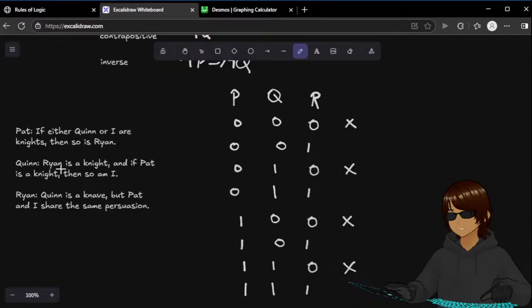Queen is a knave, then Ryan is a knight. If queen is a knave, if this is true, then Ryan is a knave. Hold on, that doesn't make any sense. Ryan cannot be a knight or a knave because both lead to a contradiction.